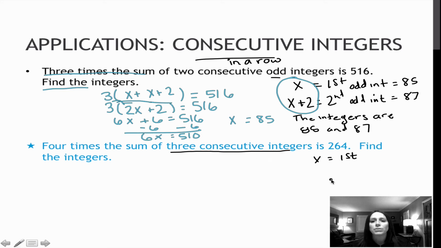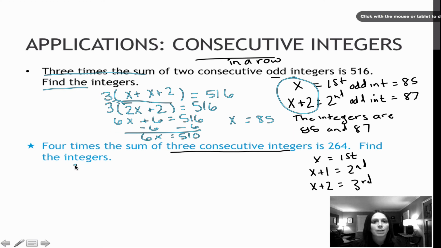So whatever my first number is, I'm just going to add 1 to that to get to my second number, because that's the next integer. Now I need 3 of them, so now I need 1 more than x plus 1. So x plus 1 plus 1, which is x plus 2, 2 more than my original, which is my third number. So now I've defined all 3 of my numbers.